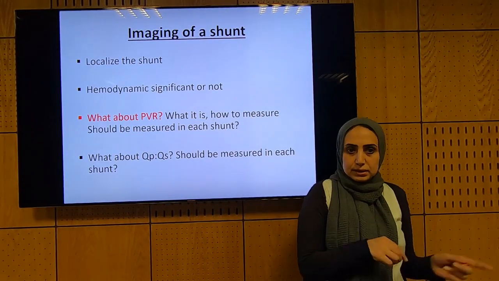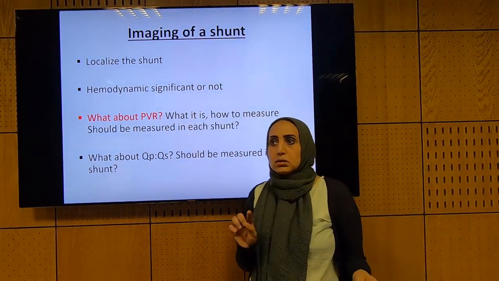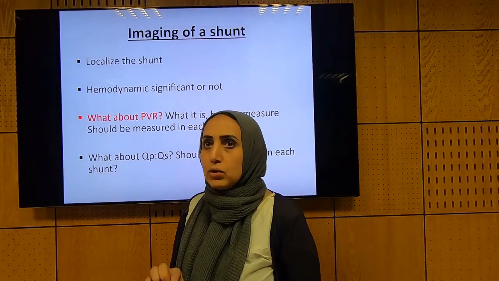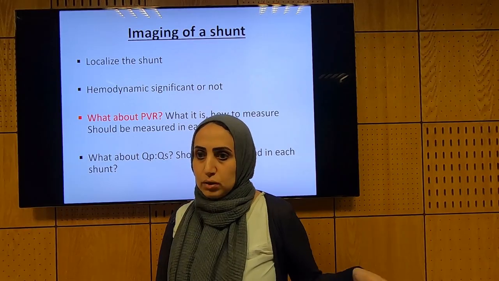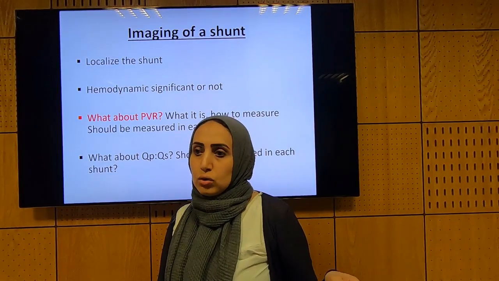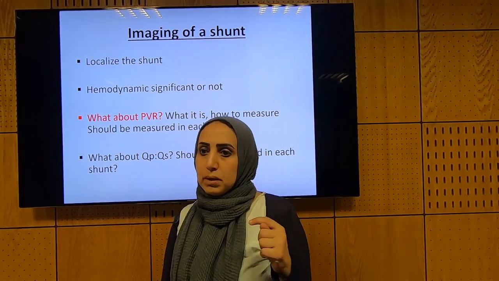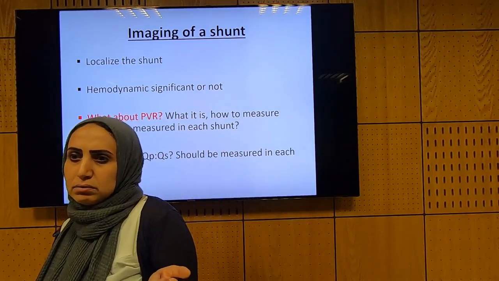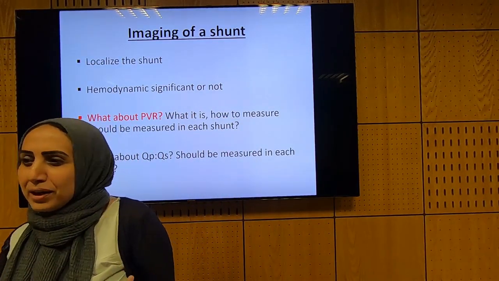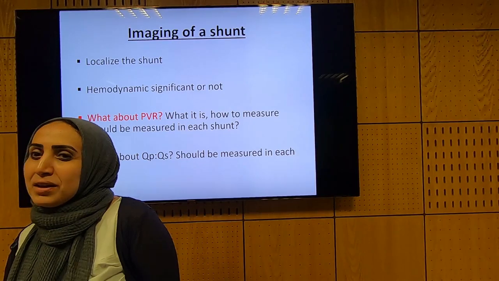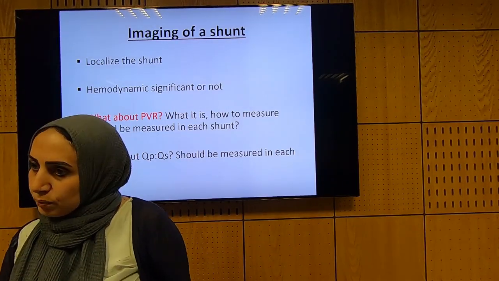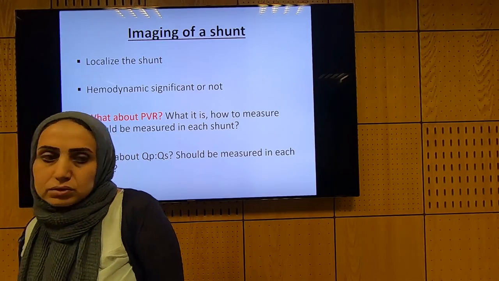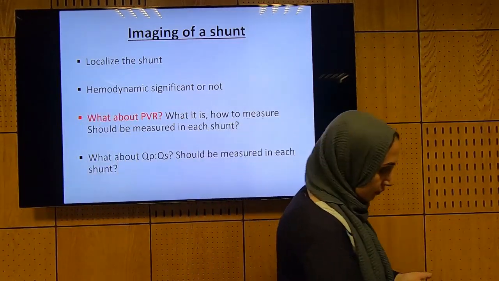Hatem will say in the next lectures that shunts are, I think, one of the unique cases where we talk about an indication for closure. As far as I remember, this is the only lesson where we say whether it is indicated to be closed or not indicated to be closed. So focus on the hemodynamic significance.